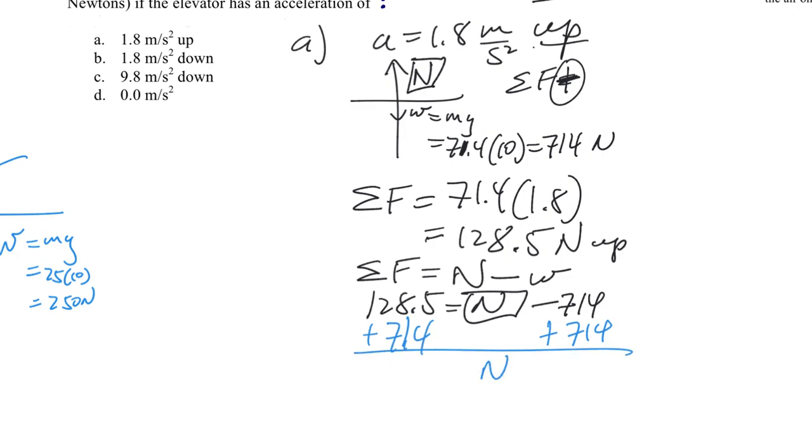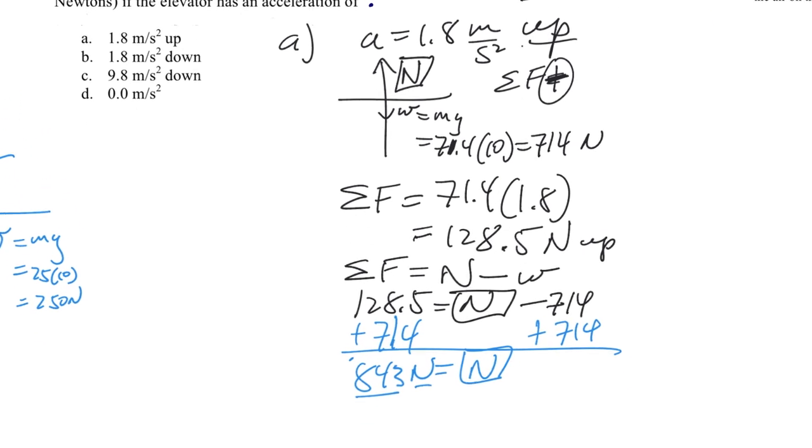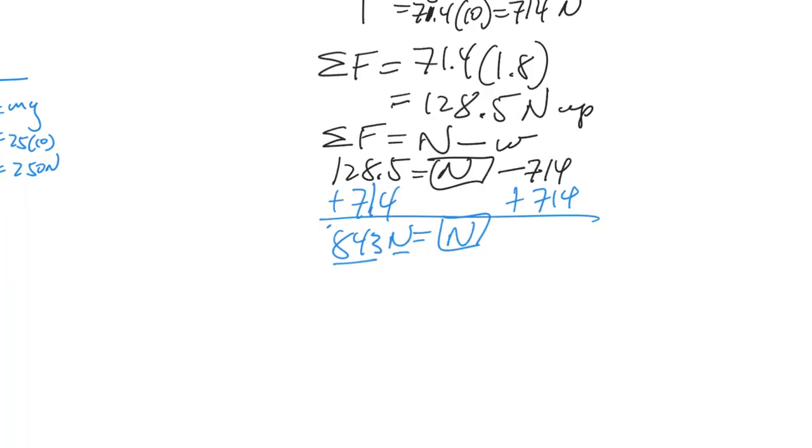I'm going to get the normal force, or the scale reading. It's going to read 843 newtons. So 843 newtons is the normal force. That would be the scale reading.